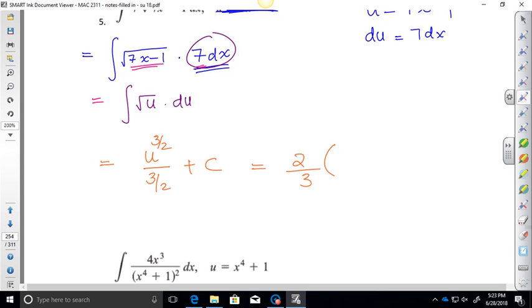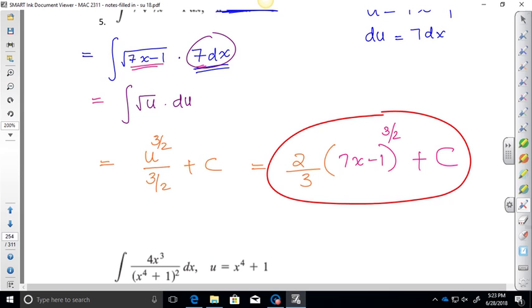What did I take as u? 7x minus 1 to the 3 halves plus c. That's my final answer. This is integration by substitution. That's called integration by substitution.